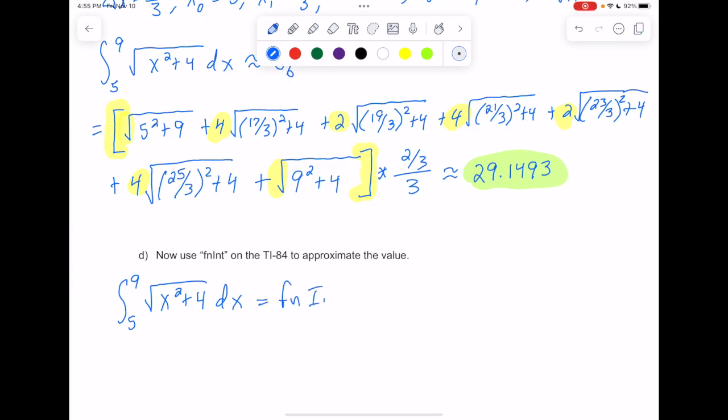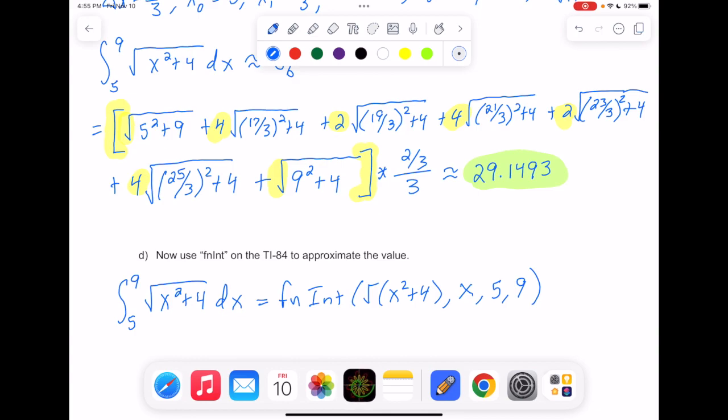So the structure of that will be fnInt, type the function, so that'll look like square root, open parentheses, x squared plus 4, end parentheses, comma, the variable, which is x, comma, the lower limit of integration, comma, the upper limit of integration. So that's what that should look like on the calculator. Let's make that happen.